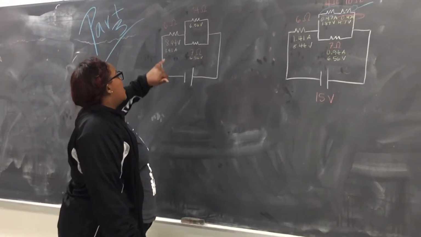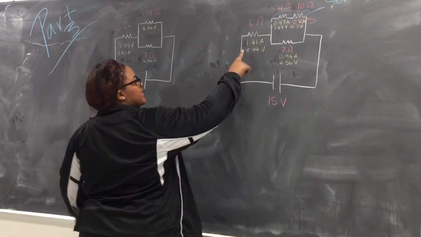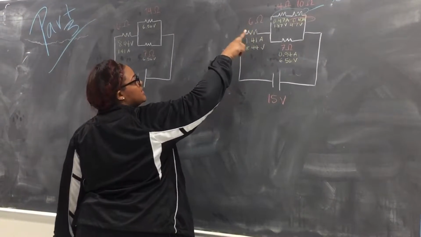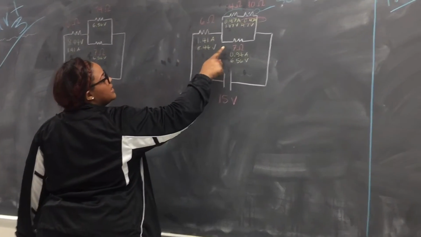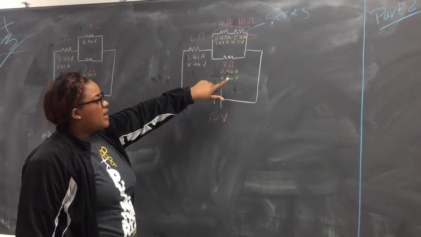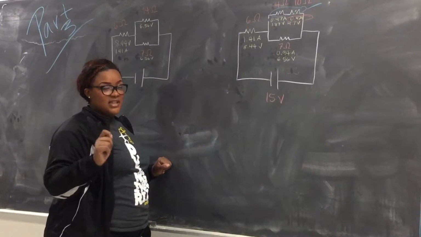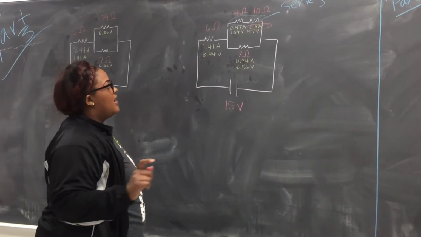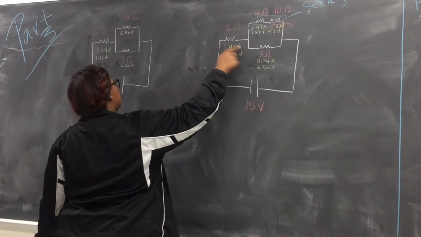So initially we have the 1.41 amps, as you can see over here, with the 6 ohms. And with that current, we will find the 7 ohms, which we found to be 0.94 amps. I'm trying to find the current that goes through the 10 ohms. To find that, for the 6 ohms, of course, I have the 1.41 amps.